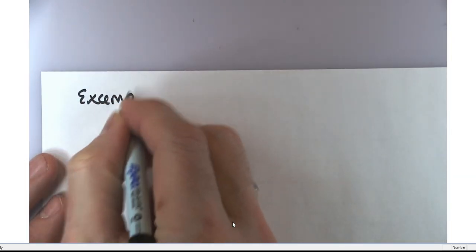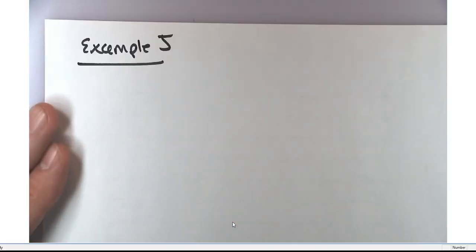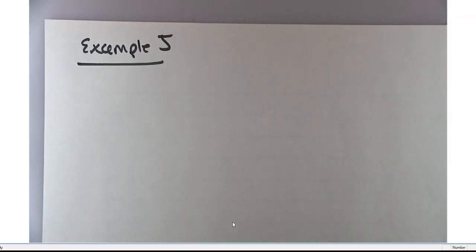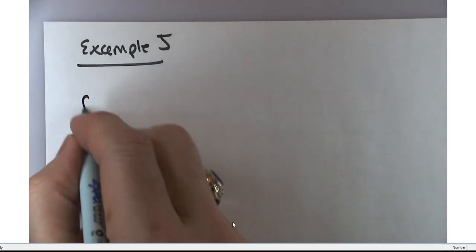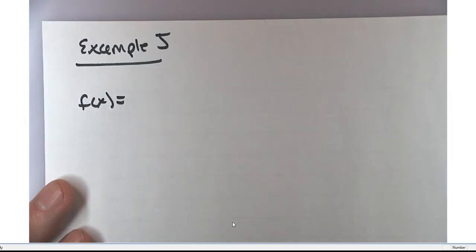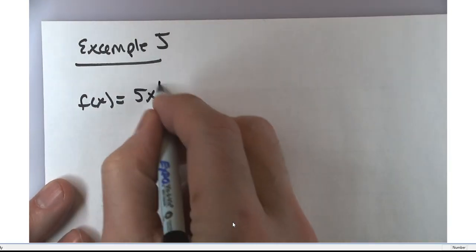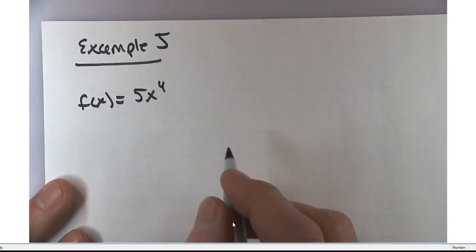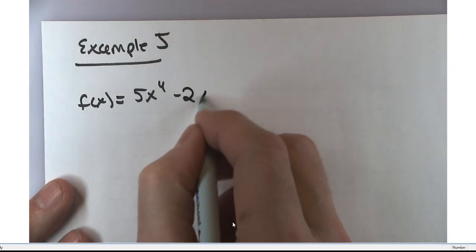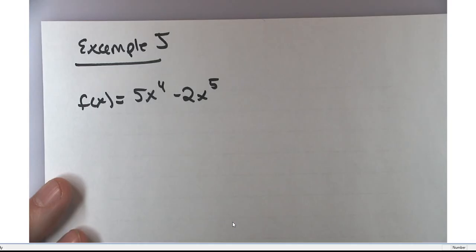Let's take a look at example J. F prime of x is 5x to the fourth minus 2x to the fifth. And they give us something peculiar.